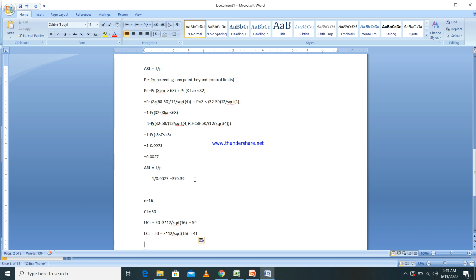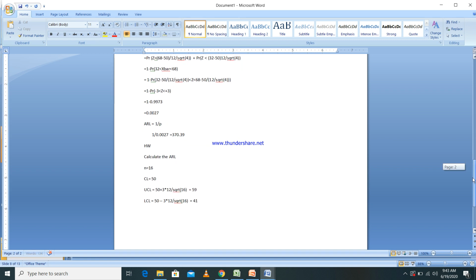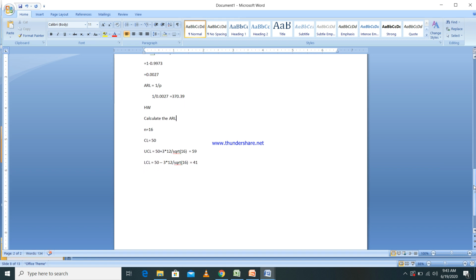Right? So that is for your homework. You can calculate the ARL value for the following process, you will see you will get the same result. So that is an important point. That is because ARL is not depending on the sample size you take. Right? So that is a very important point.